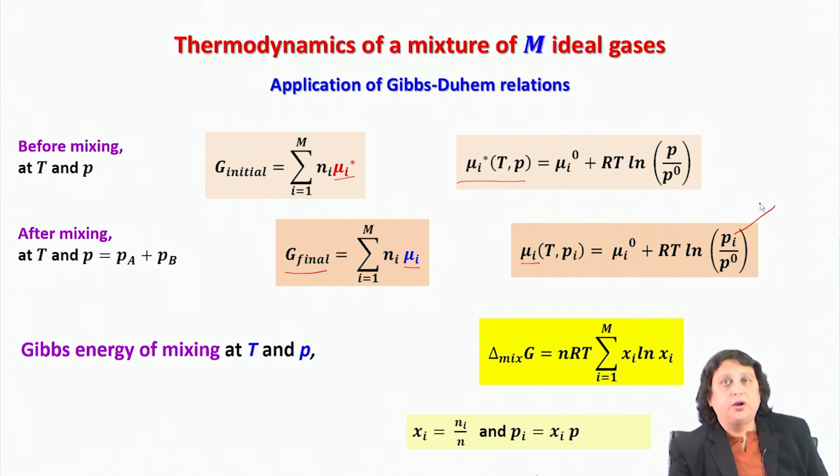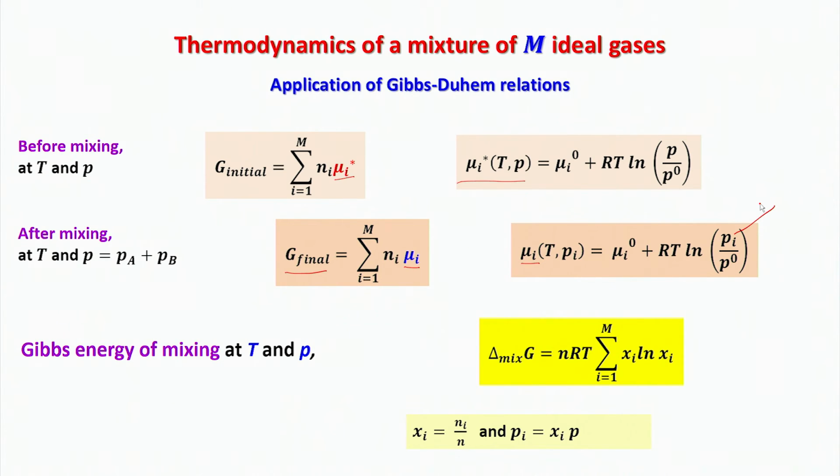And therefore, I find that delta G mixing can be expressed in terms of the composition of the mixture using these relationships.